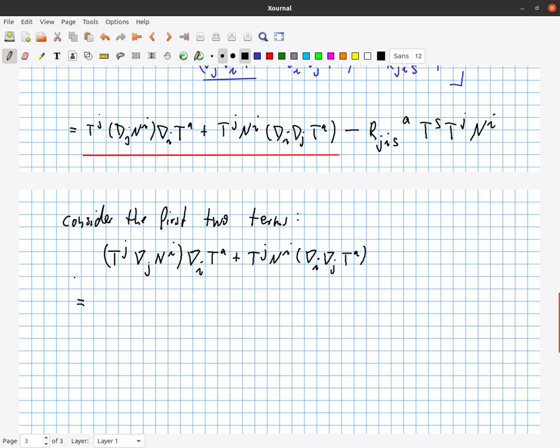This is the same as n^j ∇_j T^i, by star again, ∇_i T^a plus T^j n^i ∇_i ∇_j T^a.